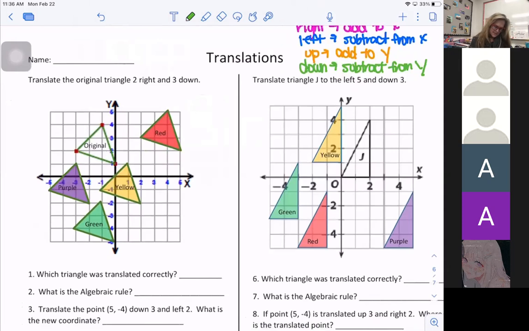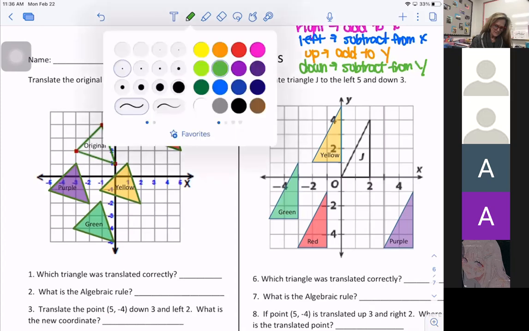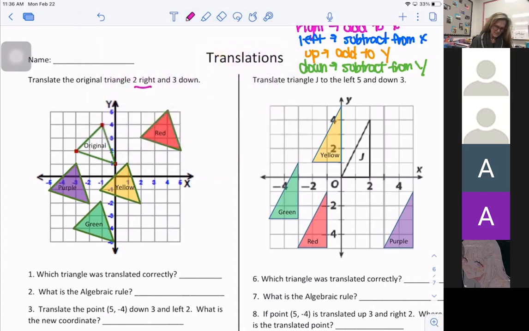It says translate the original triangle. Find your original. Two right and three down. Which one of those triangles is translated correctly? The yellow, right?